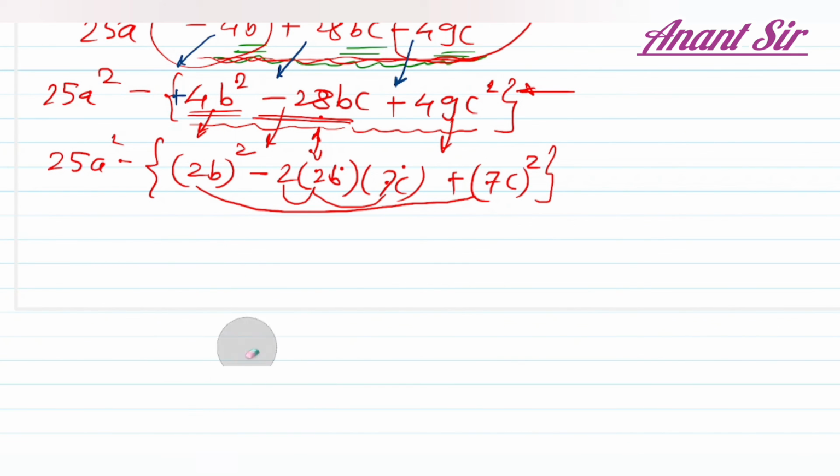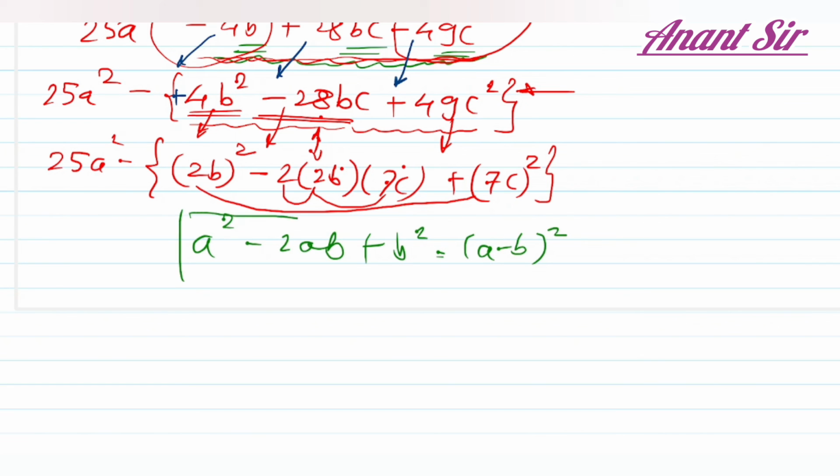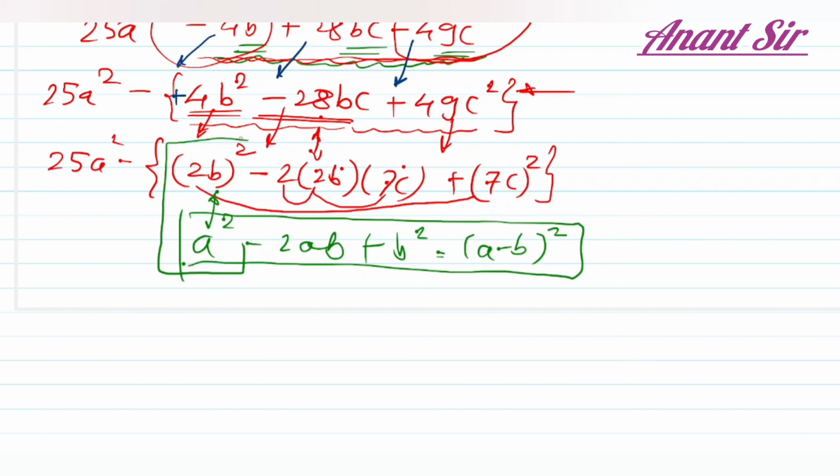I can write this as a square minus 2ab plus b square as a minus b whole square. So see, in front, in place of a square, what is there in this question? It is 2b square. And in place of b square in this question, what is the term that we have?